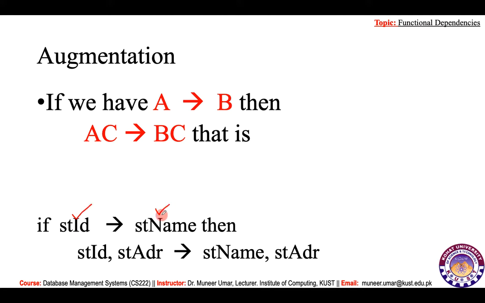So if we composite the address with student ID, this will also determine the student name and student address. So here this address is used on both sides, and according to this augmentation rule, the condition will be correct.